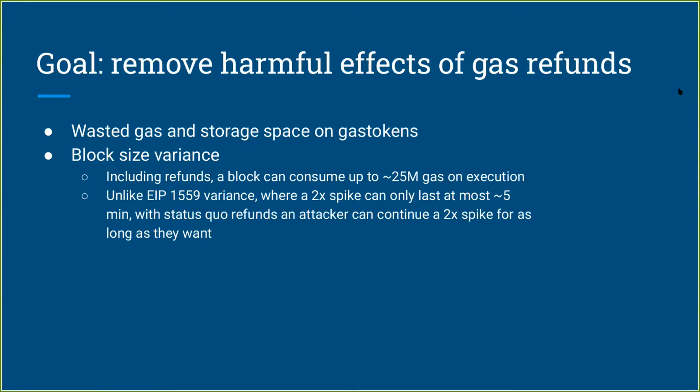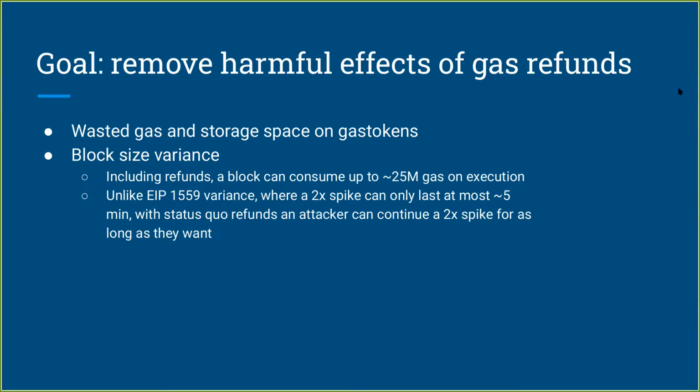Gas tokens essentially use storage as a battery, and a full cycle of a gas token consumes at least 5,000 gas. This ends up taking space away from transactions, and it also increases the size of the state that nodes need to store.